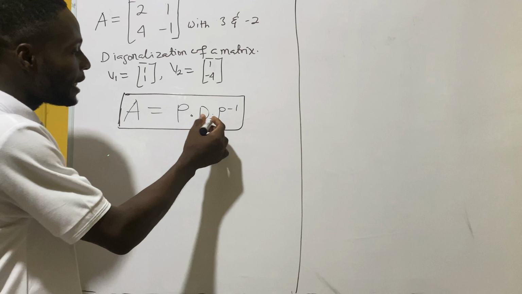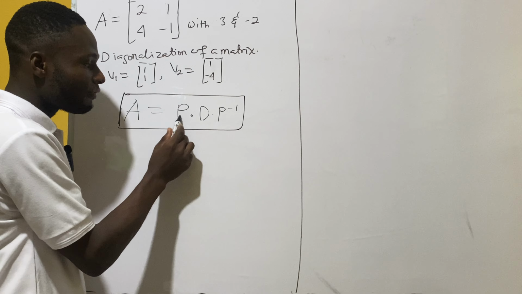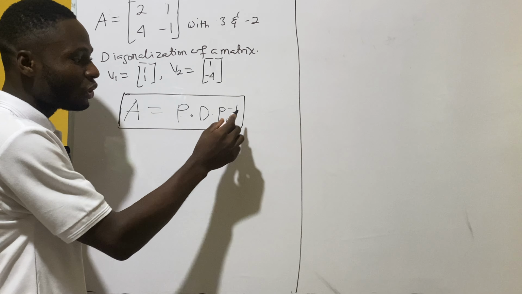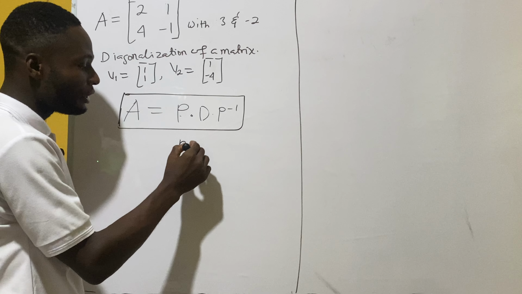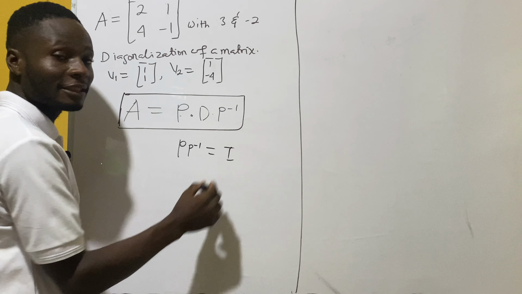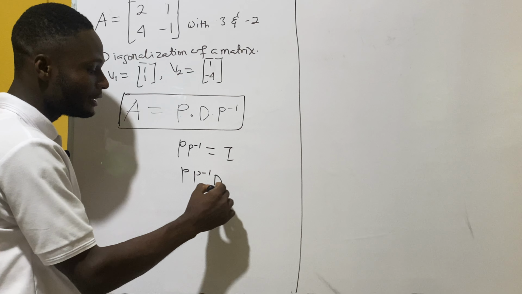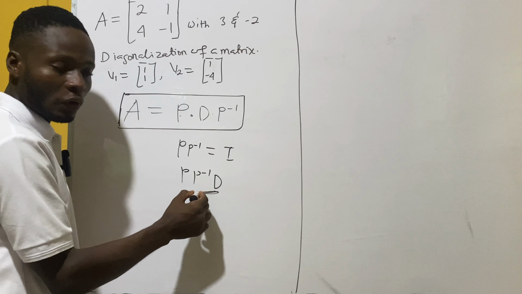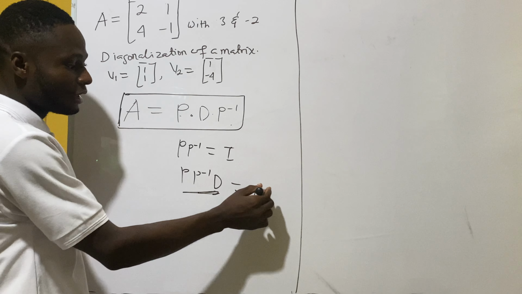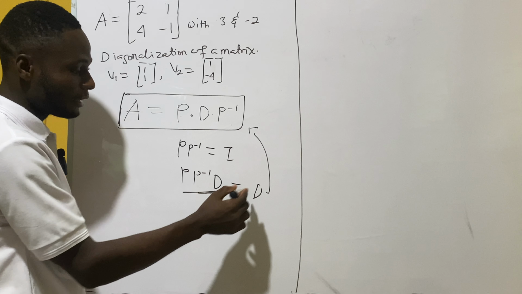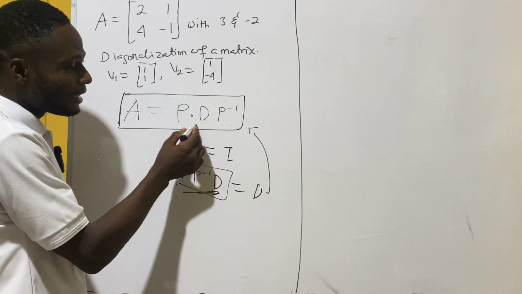Here, the moment you change the position of P and P inverse, you're going to have a different thing altogether. Don't forget that P times P inverse is equal to an identity matrix. So once you have P inverse D, this is a different thing altogether, and this is not the same as this. So never ever write it in this form. It is in this form.